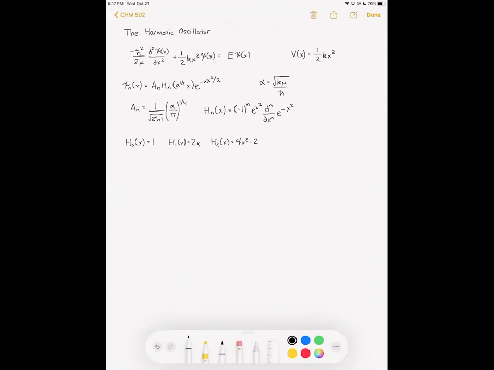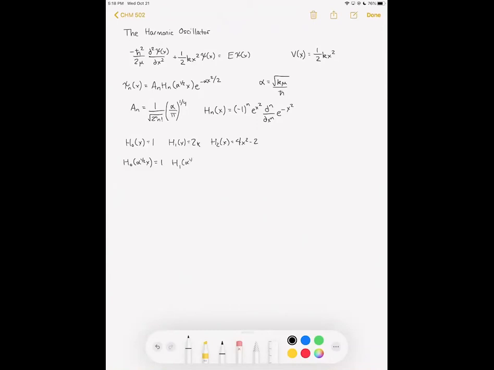Now, our Hermite polynomials in our eigenfunction solutions are not functions of x. They are functions of the square root of alpha times x. So to generate them, all we have to do is put in the square root of alpha times x every time we see an x in our Hermite polynomials. So our H0 is still 1.